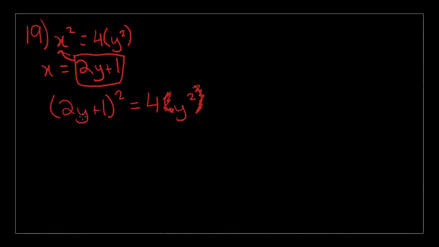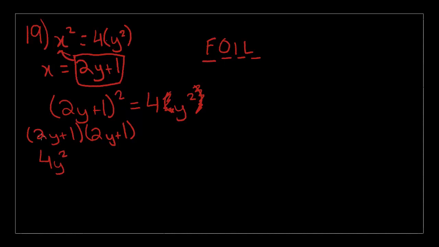So on the left hand side, we need to use the method called FOIL, if you remember, first, outside, inside, and last. So let's extend the entire equation first. 2y plus 1 times 2y plus 1. This is equal to, first is 4y squared. Outer is 2y times 1, so it's still 2y. Inner is also 2y. And last is just 1 times 1, which is equal to 1.